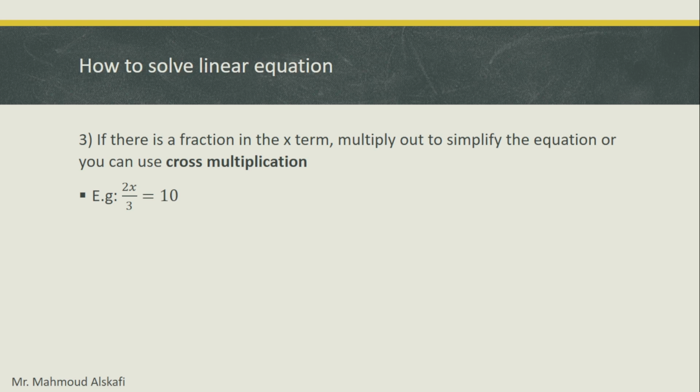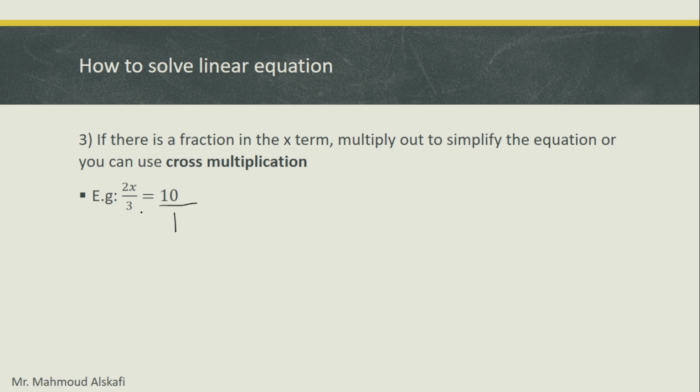Now, if there is a fraction in the x term, multiply out to simplify the equation, or you can use cross multiplication, which I prefer to use in this case. We can write any constant over 1. So 10 over 1 equals 2x over 3.